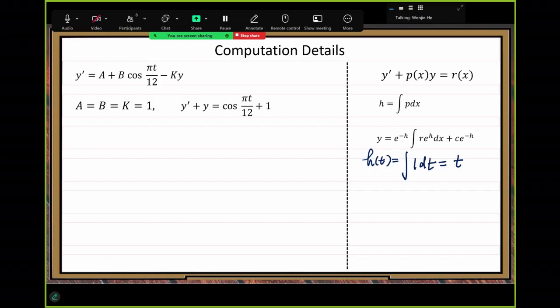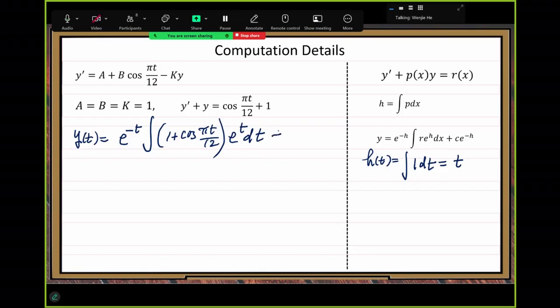Then the y of t should have e to the negative t, times the integral of the R function, 1 plus cosine pi t over 12, times e to the t, dt.